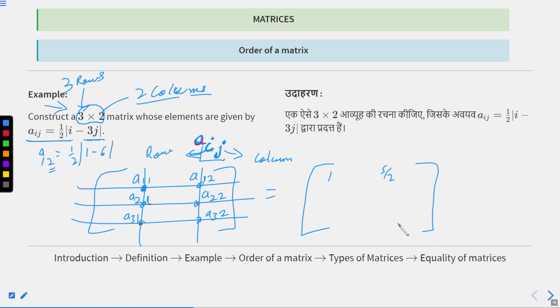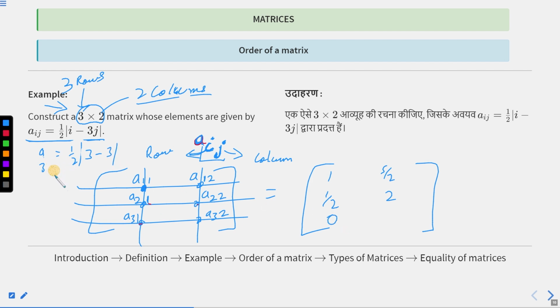Now what about 2 1? 2 1 means 2 minus 3. This means minus 1, and this means half. What about 2 2? This means 2 minus 6, this means 4. Yes, 4 by 2, this means just 2. What about 3 1? 3 1 means, sorry, 3 minus 3, you will have 0.